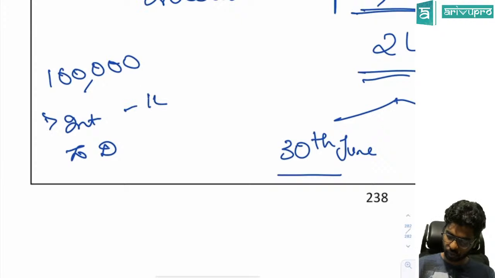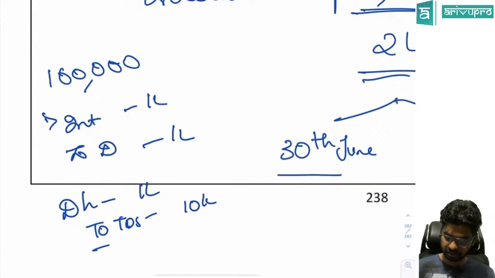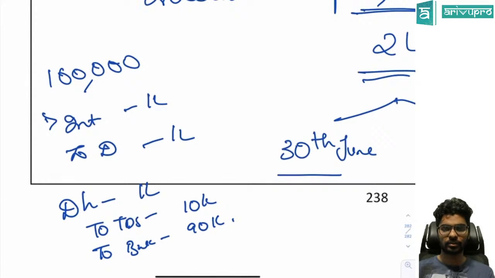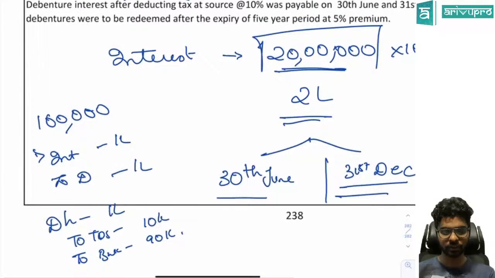So what's going to be the first journal entry? Interest to debenture holders 1 lakh, 1 lakh. Debenture holders 1 lakh, to TDS 10,000, to bank 90,000. Are you clear?